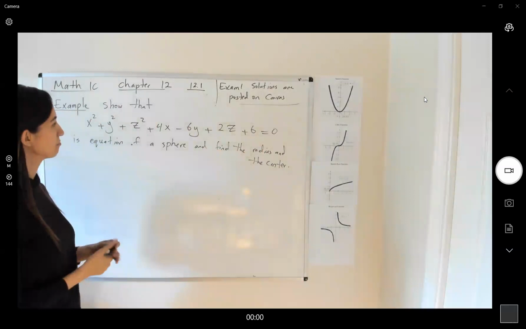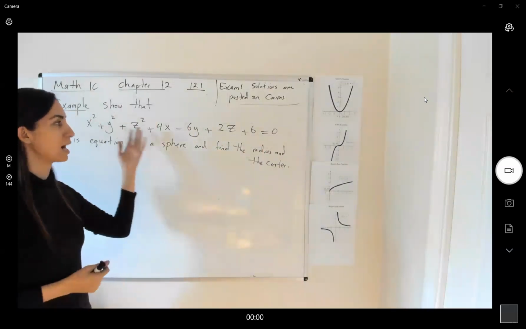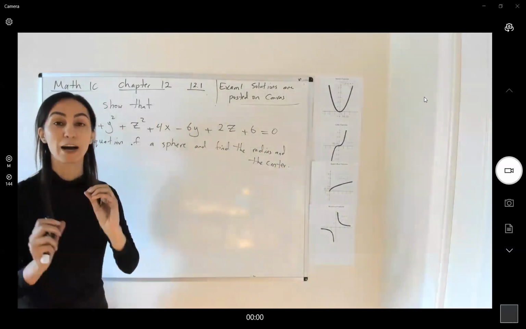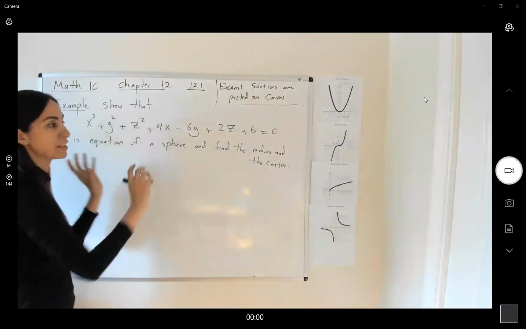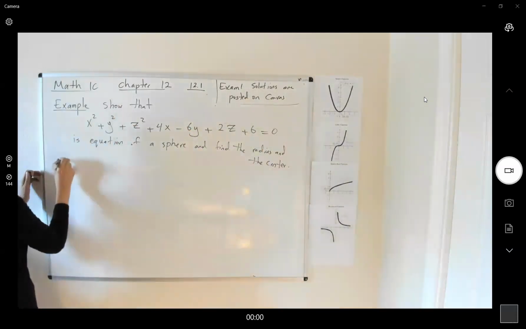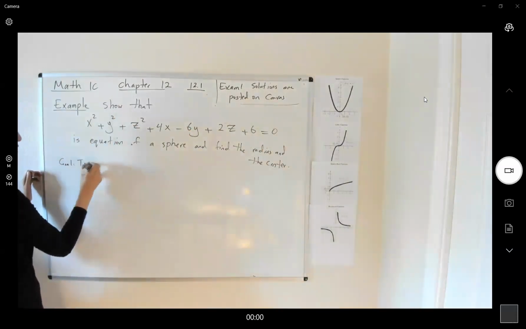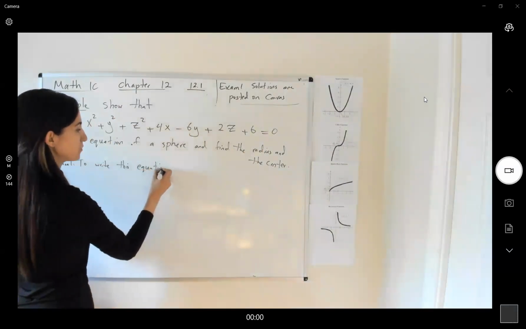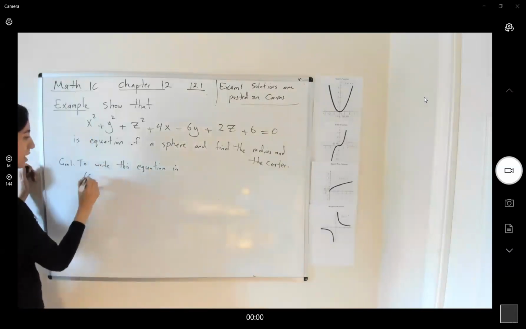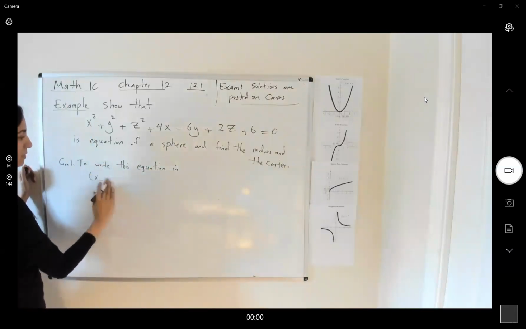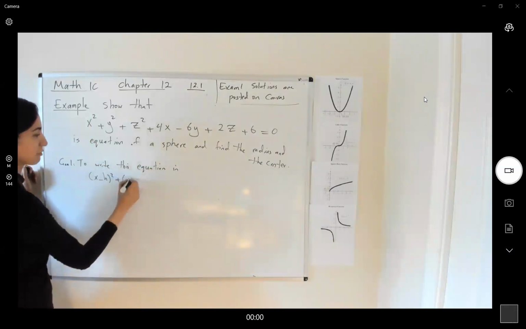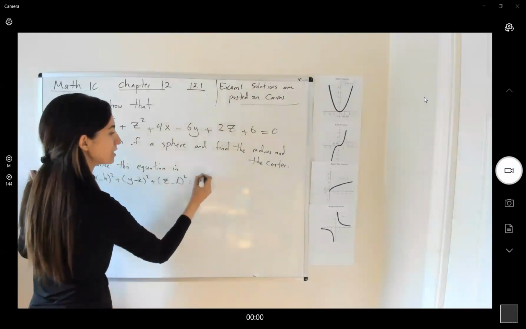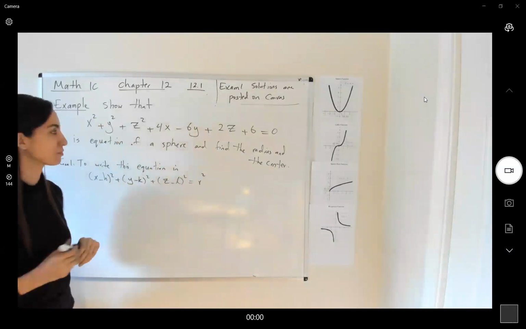Perfect. Very well. Here you have the equation of a sphere in expanded form. Our goal is to write it in compact form. So our goal is to write this equation in the form of x minus h squared plus y minus k squared plus z minus L squared equals R squared.